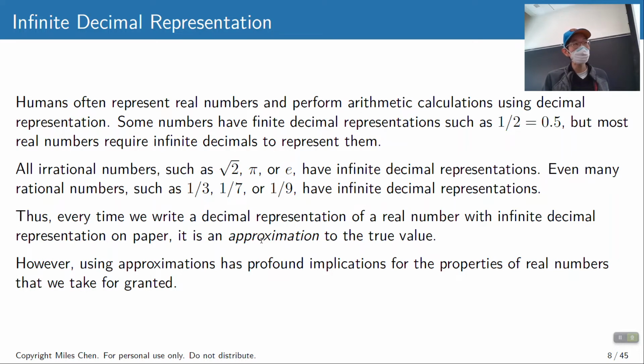There's no way to represent that, and so when you write this down and store it, it's just an approximation. And when you're dealing with approximations, there are profound consequences, consequences that break all of these rules that we are accustomed to for existing with real numbers.